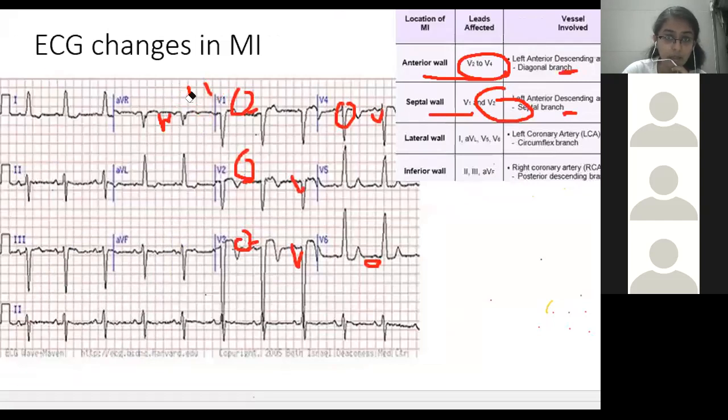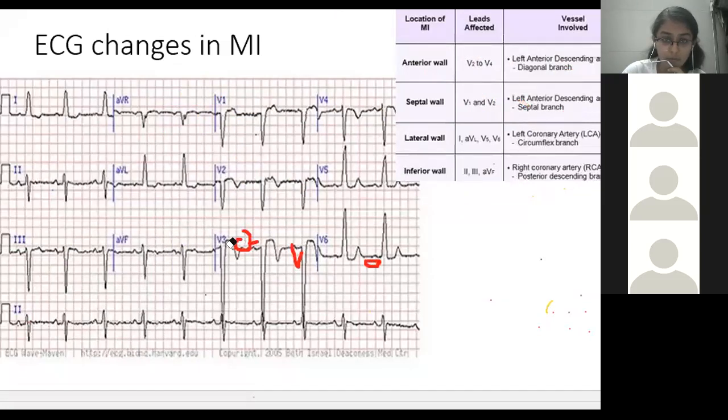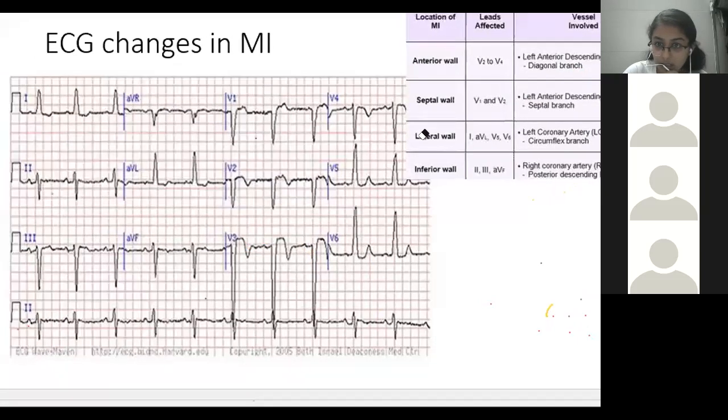Okay, now you guys, I have one ECG for you all. Quickly take a photo or screenshot on your phone, whatever you want to, and interpret this ECG.